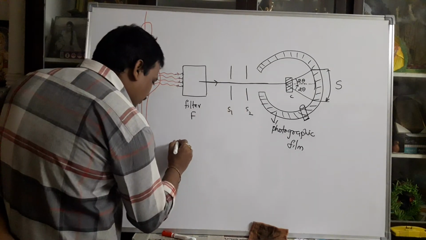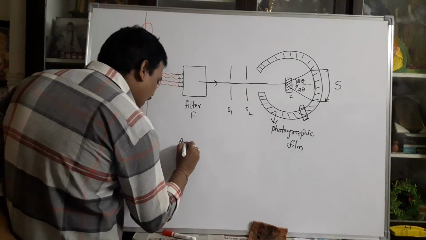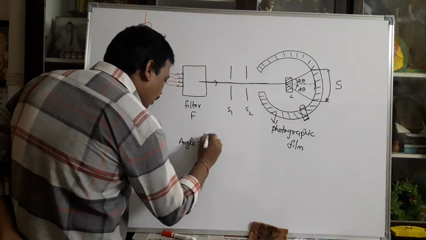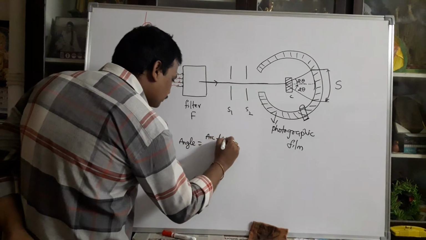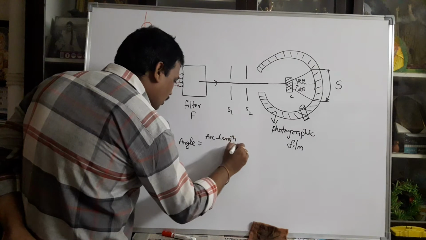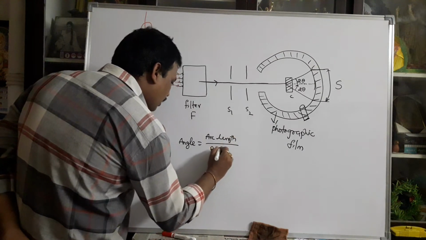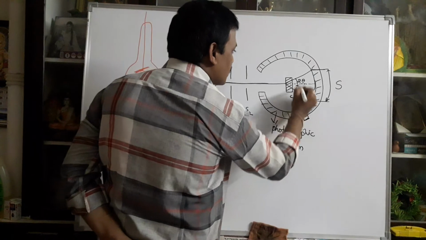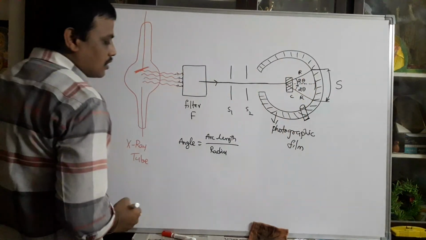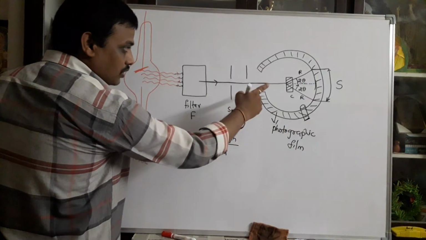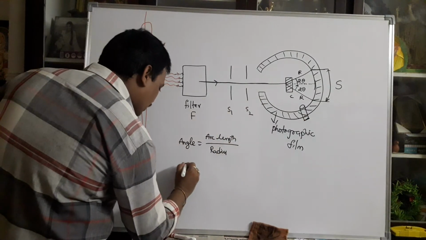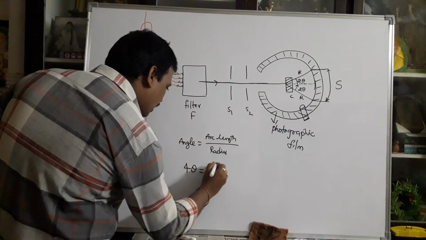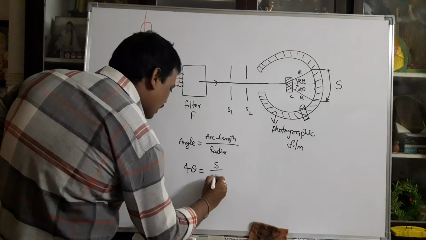So each and everyone knows the angle definition is arc length by radius. This can be taken as the center. This is radius r. This is also radius r. Here the angle is 2 theta, which is 4 theta. Arc length I am taking is S, radius r.